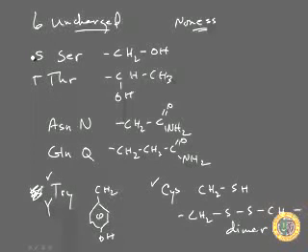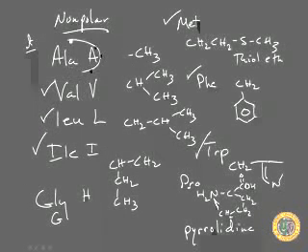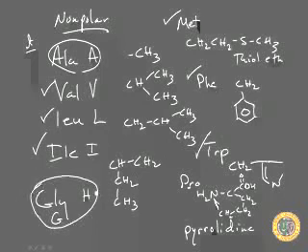And I don't know if I mentioned, but among the non-polar amino acids, the non-essential amino acids are what were left: alanine and glycine and proline were the only amino acids in that group that are non-essential.